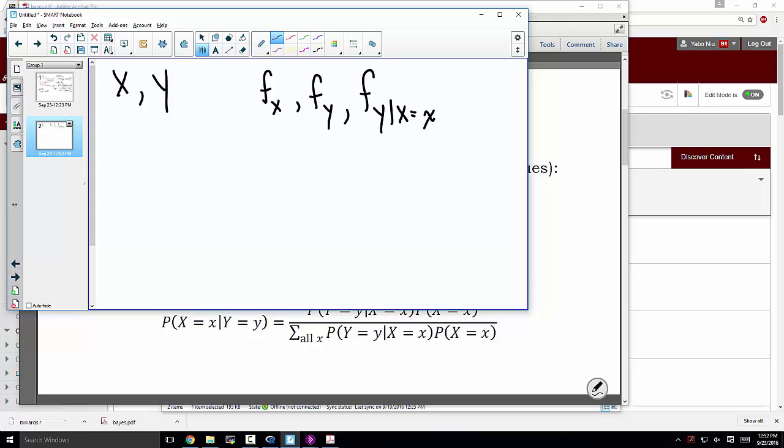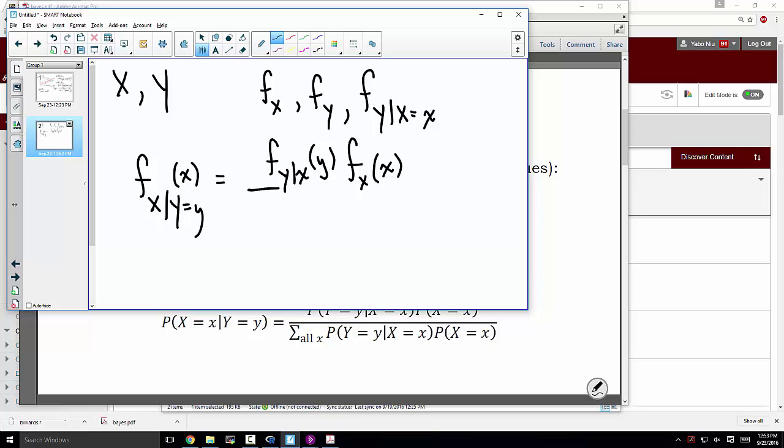Bayes' theorem says that the probability of x given y, as a function of x, is the conditional of y given x times the marginal probability of x, divided by either an integral or a sum, a normalizing constant in the bottom.